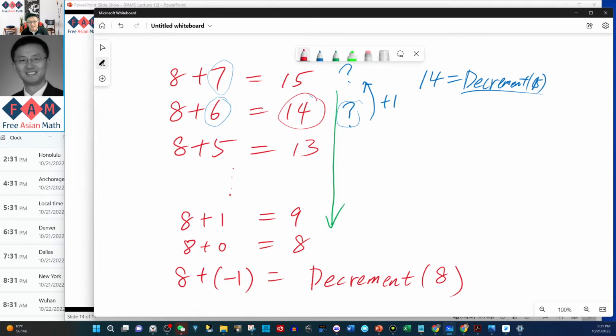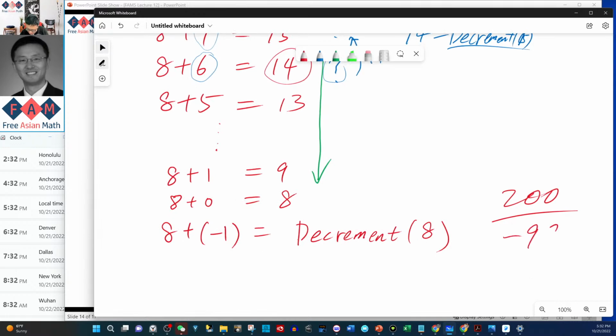And we don't know what that means. But what we wanted it to be, in order to be consistent with everything we have so far, if we want to define this something, we can define it to be anything. We can define 8 plus -1 to be 200 because this is just a definition. We can define this to be -99. But if that's the case, if we put 200 or -99 here, did you see what goes wrong?